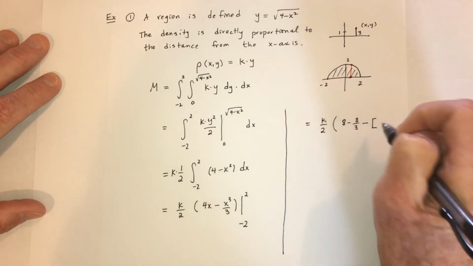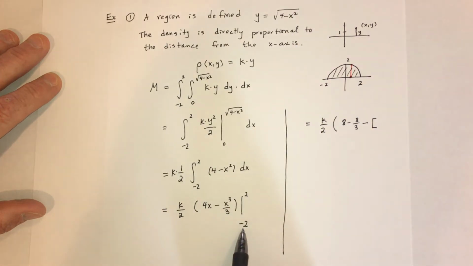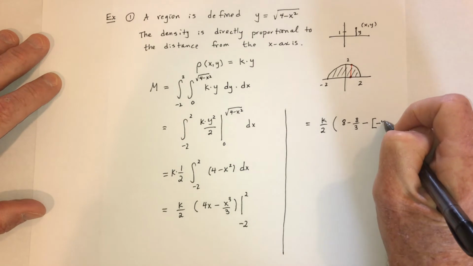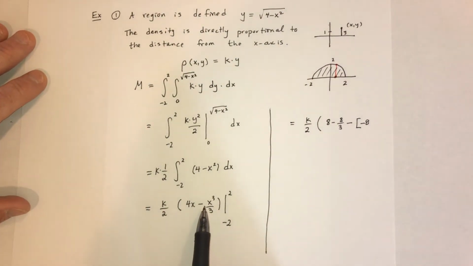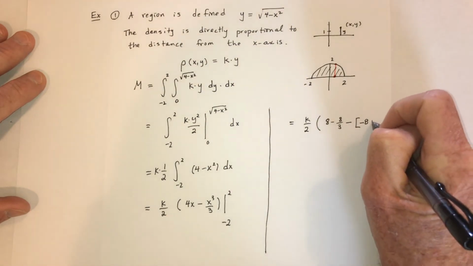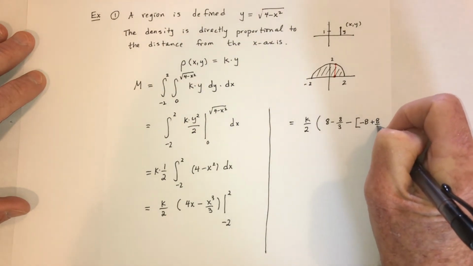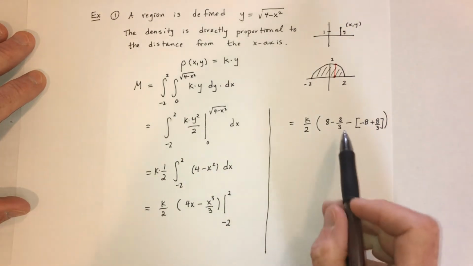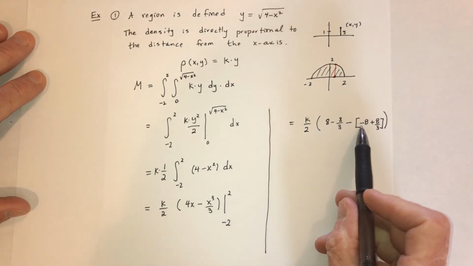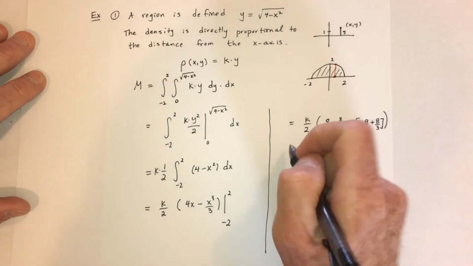Then minus, when you substitute the negative 2, this will be negative 8. And this will be negative 8, but because of that, it's going to become positive 8/3. So this negative is going to turn that one into a positive, so that's going to make it a 16.